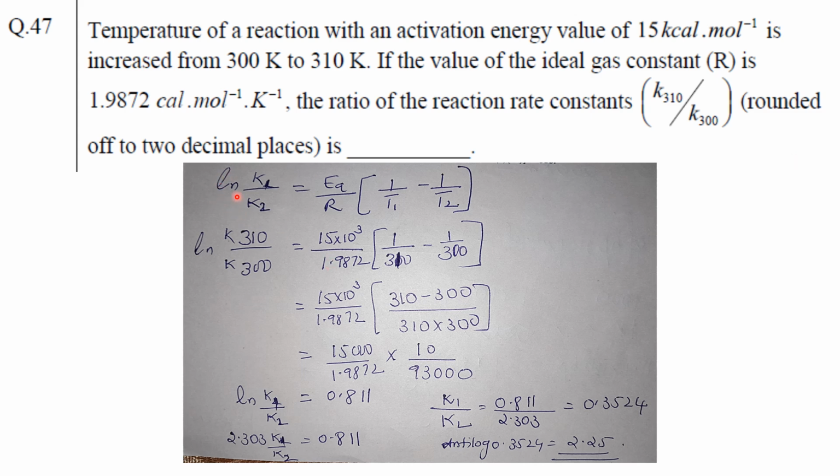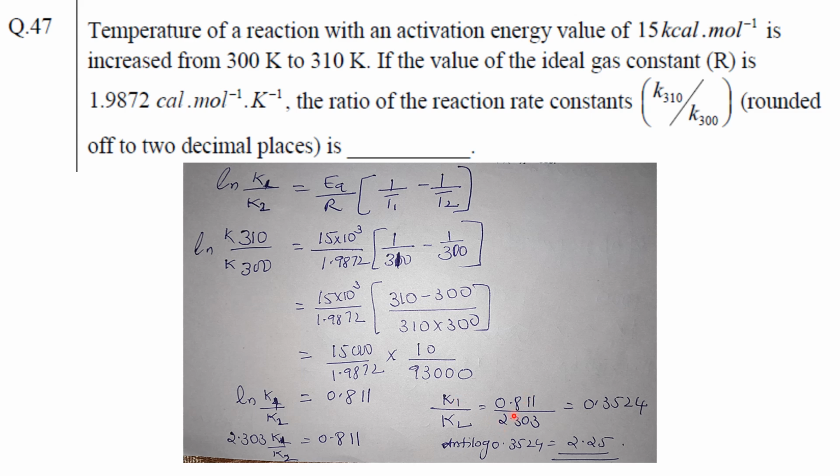So you know the formula, that is ln K1 by K2 is equal to Ea by R into 1 by T1 minus 1 by T2. Ea is activation energy, R is gas constant, T1 is 310 and T2 is 300. Then you will get ln K1 by K2 as 0.811 after substitution of the values.